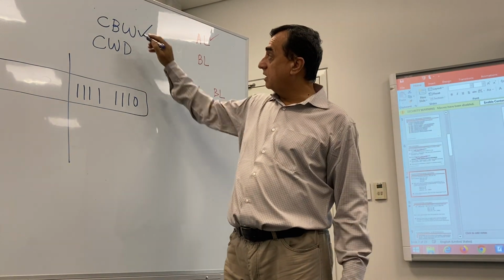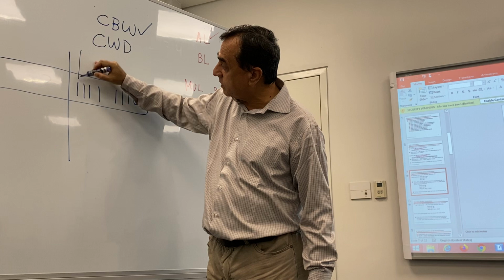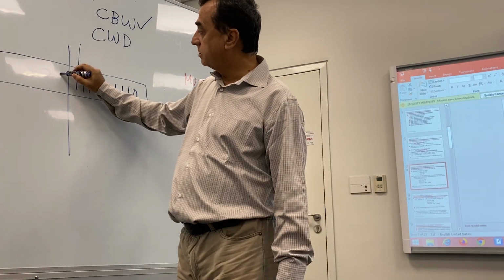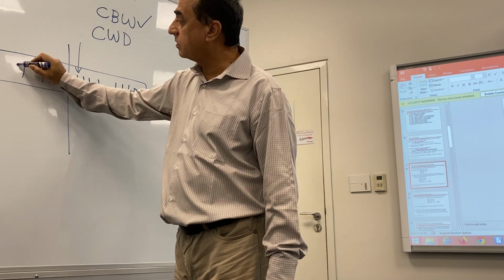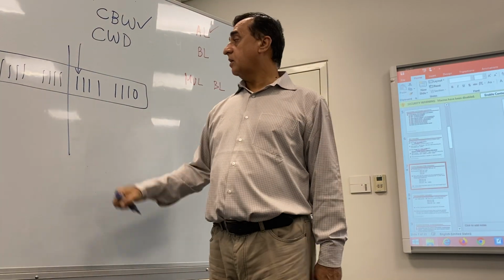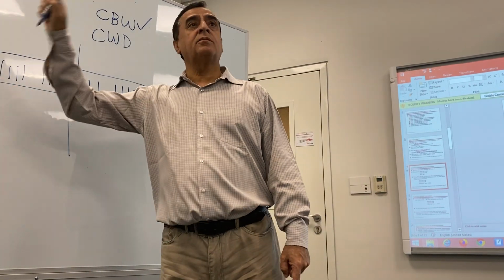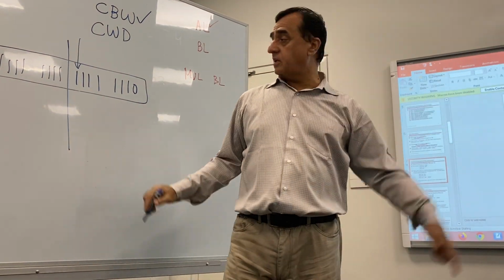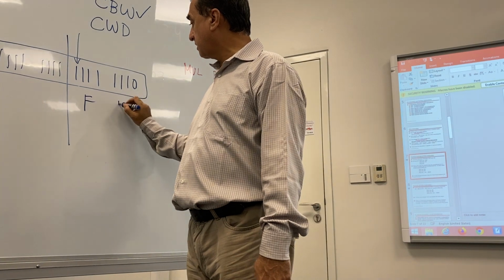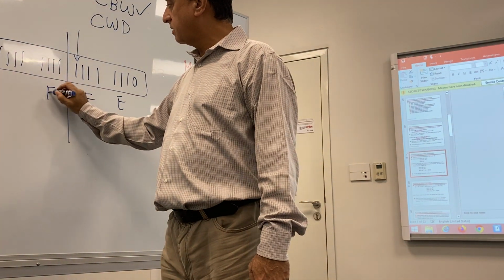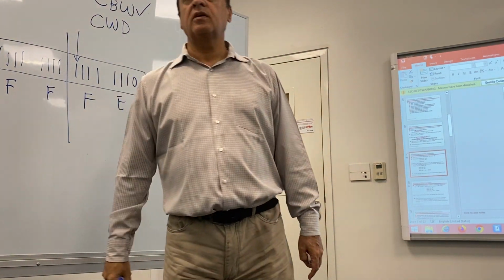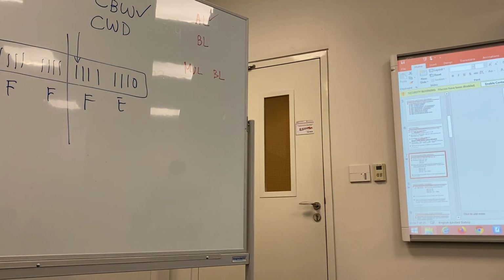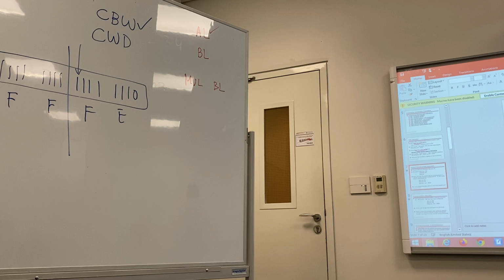The principle is, it always looks at the MSB. If it is 1, repeat 1. If it is 0, repeat 0. So after FE, this will be FFFE. You don't have to do it, just use the microprocessor's CBW.